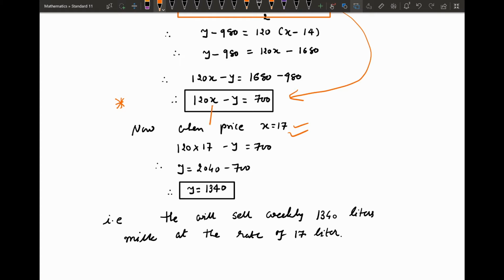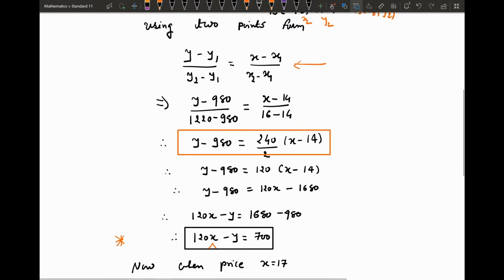So 120 into 17 minus y equal to 700. y equal to 120 into 17, that is 2040, and transferring 700 to the right hand side with a negative sign, simplification gives y equal to 1340. That means he will sell weekly 1340 liters of milk at the rate of 17 per liter.